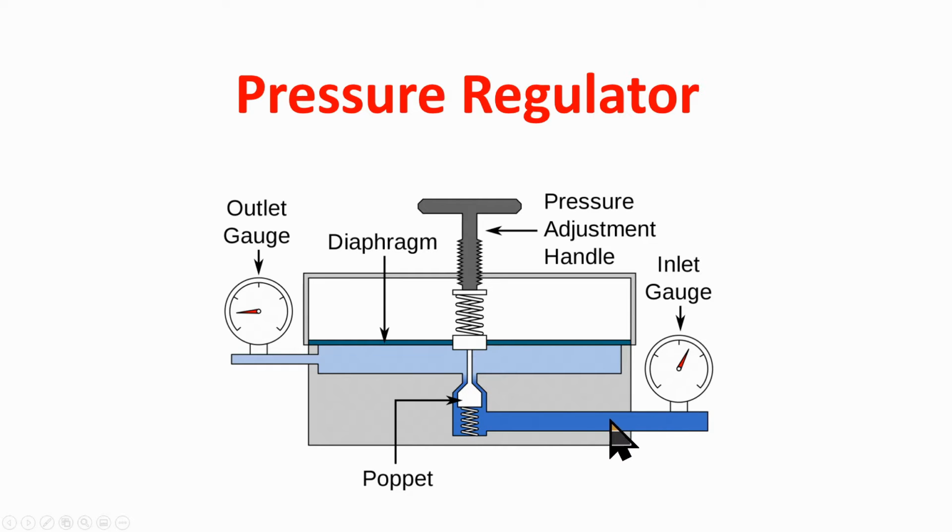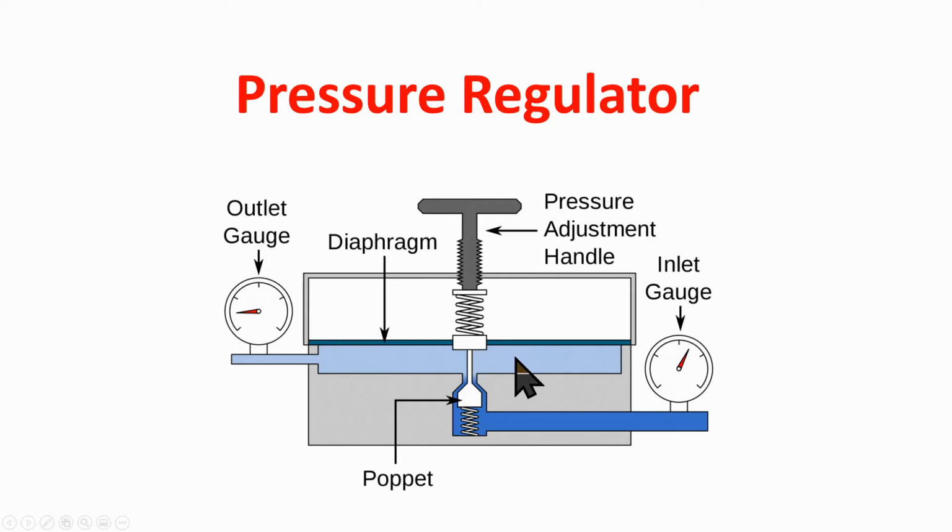As water goes in here and goes up here, this water puts pressure to push up the valve. Now you can adjust the pressure by setting this screw or turning this handle, and basically what it does is compress the spring.